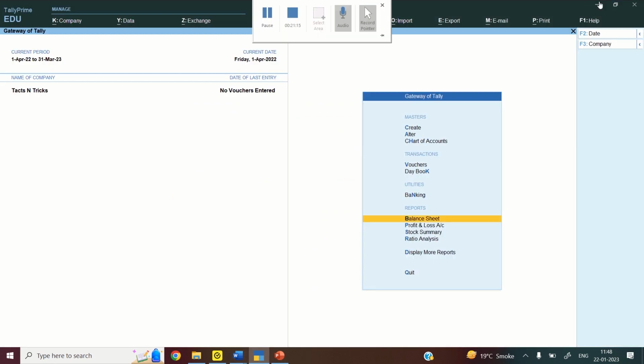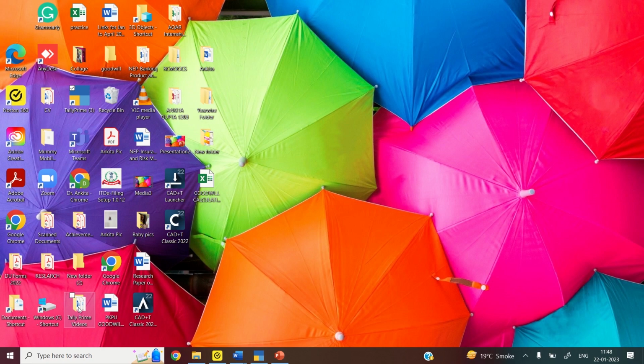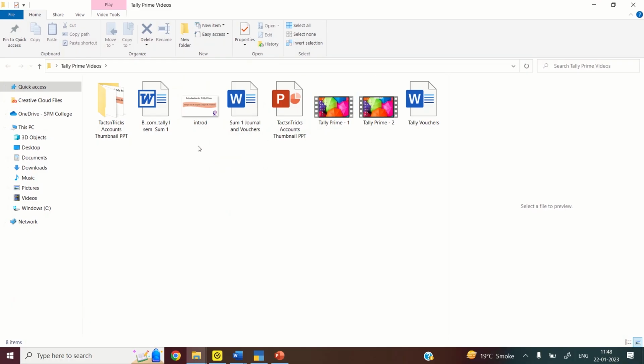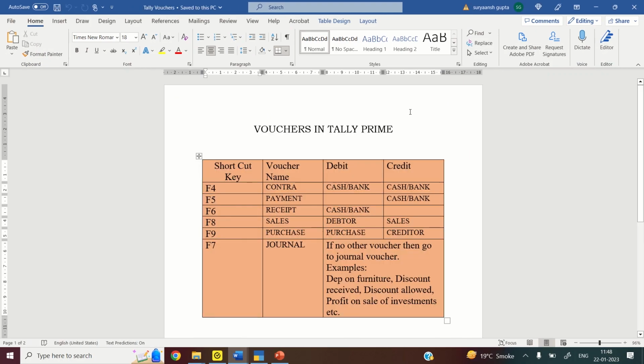Okay, so the rules of vouchers are, in total there are 6 vouchers. Okay, and first is contra. Whenever on both the debit and the credit side it is cash or bank, we go for contra. Whenever on the credit side it is cash or bank, we go for payment.